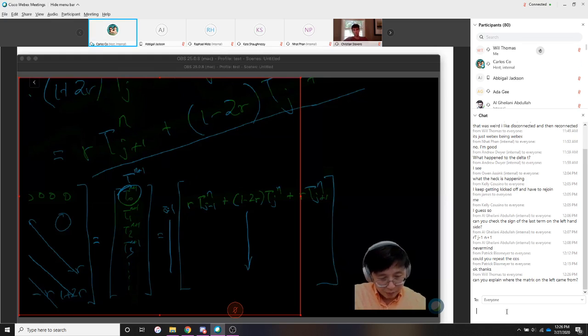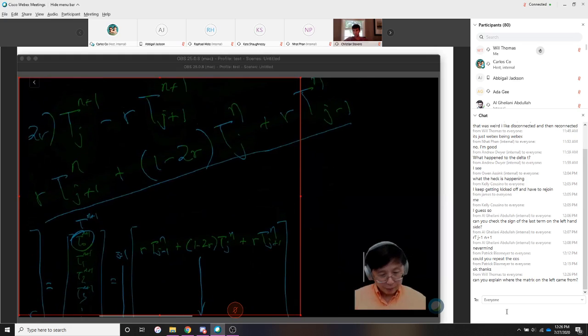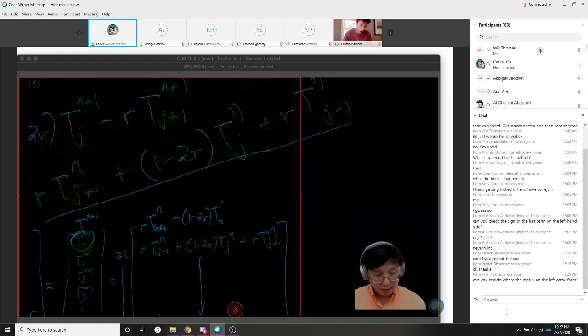So you're going to have r times the temperature at the left boundary at n, plus 1 minus 2r times the temperature at 0 at n, plus r times T at J plus 1. That's going to be 1 to the right, so it's going to be T at 1, n.